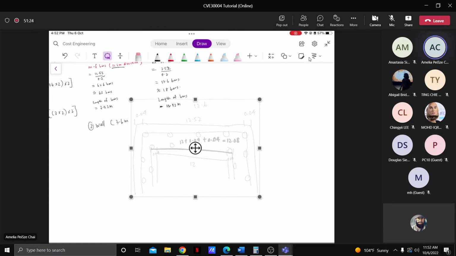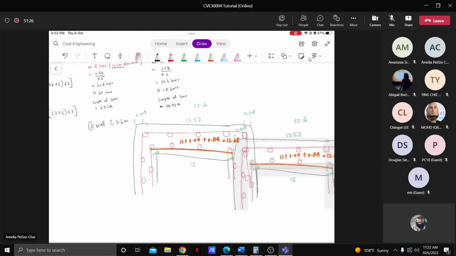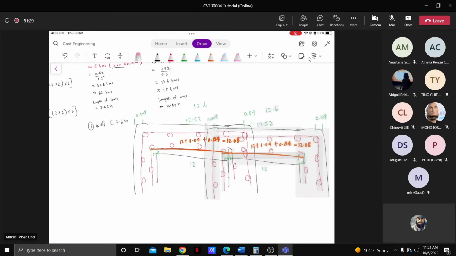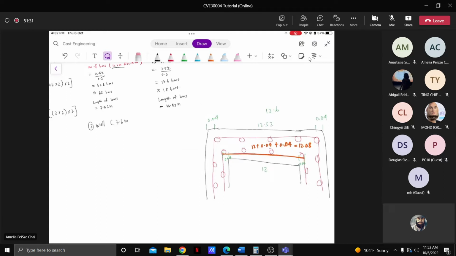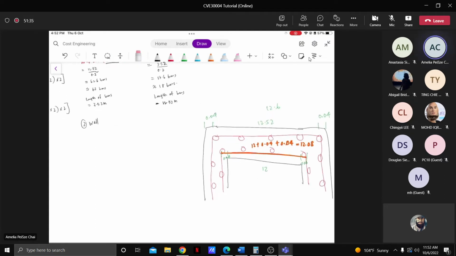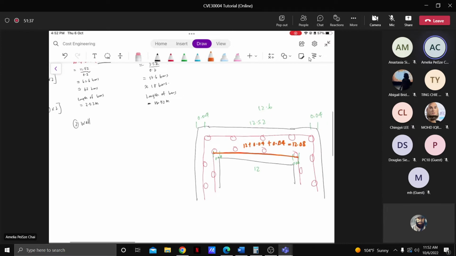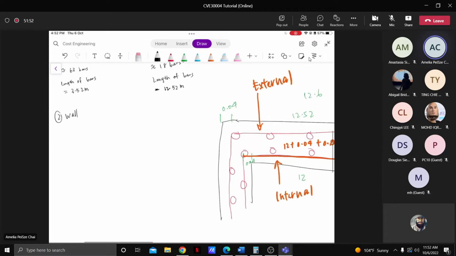Move over. So for wall, we consider this one as internal, and this one as external layer. Okay, internal, external, we go for external first.